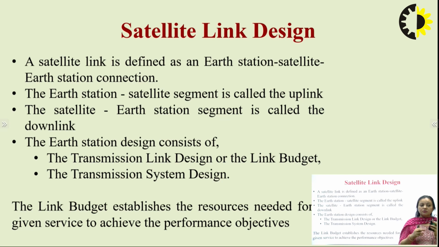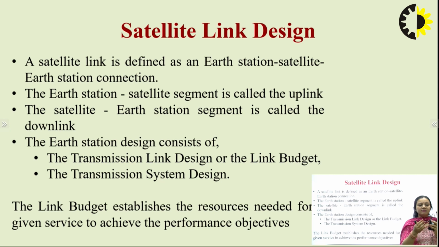The first thing is the transmission link design. If I want to transmit information from the ground Earth station, what components do I require? I require a system which can encode my information, modulate it, and transmit it towards the satellite.